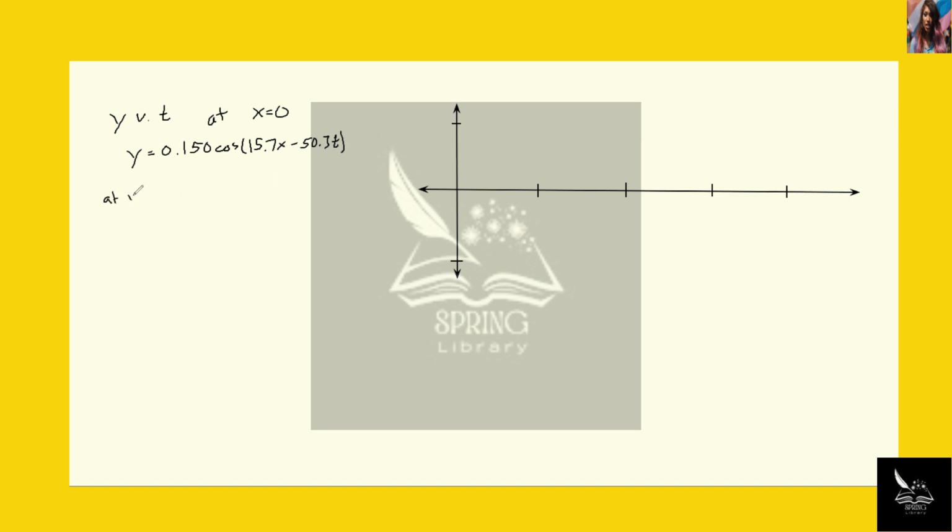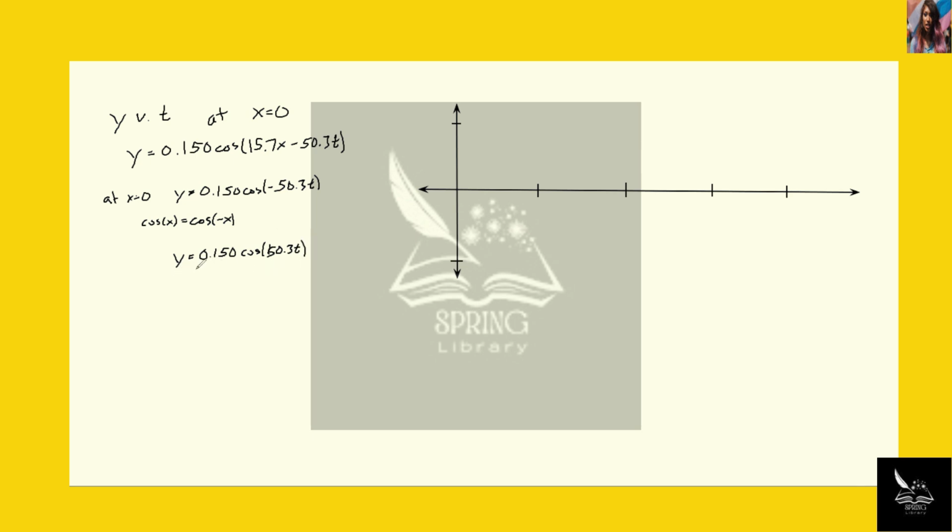At x equals 0, this function becomes y equals 0.150 times cosine of negative 50.3t. And we can use the property that cosine of x equals cosine of negative x. So we can say that y equals 0.150 times cosine of 50.3t.